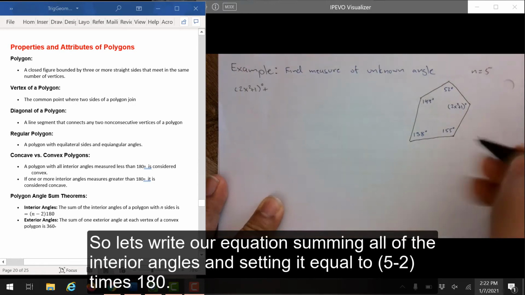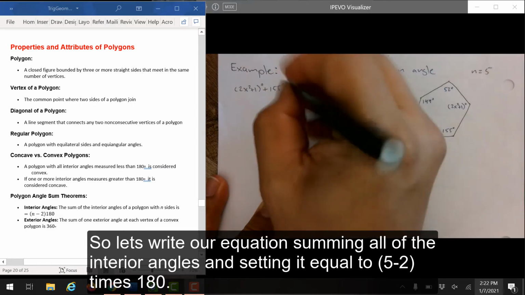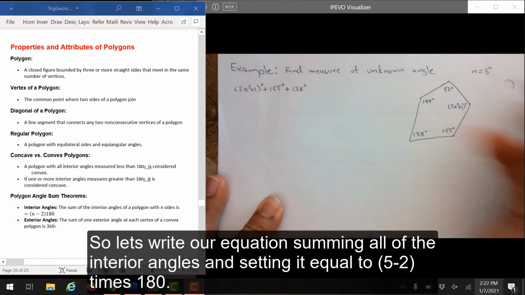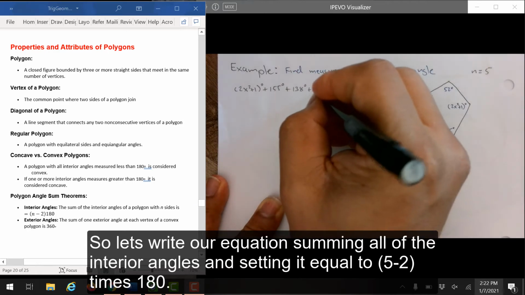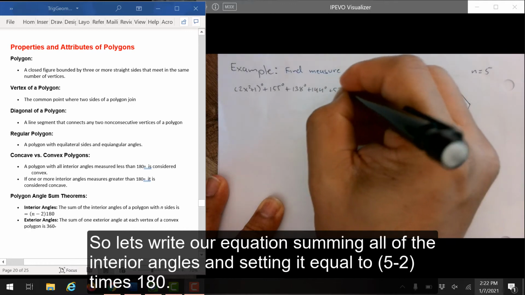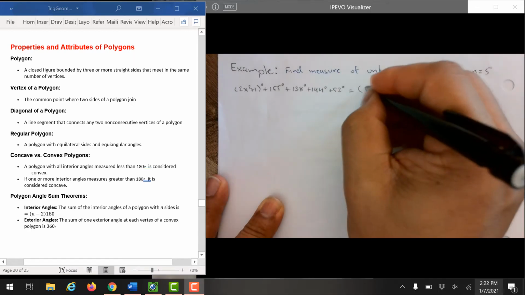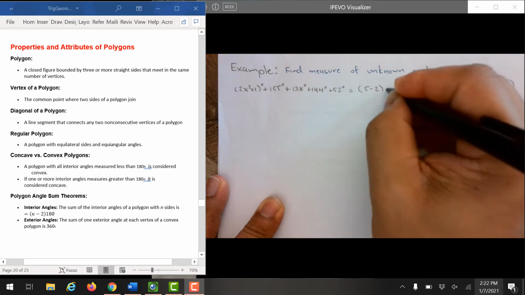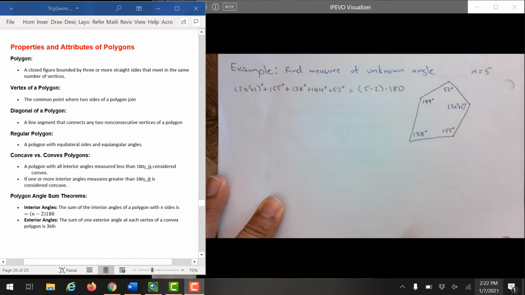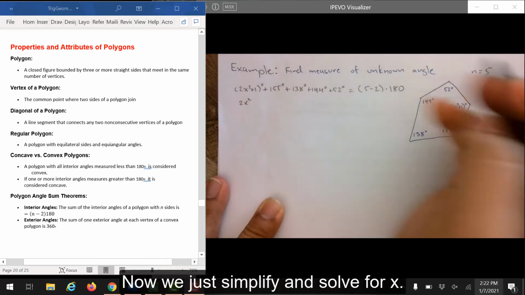So let's write our equation summing all of the interior angles and setting it equal to 5 minus 2 times 180. Now we just simplify and solve for x.